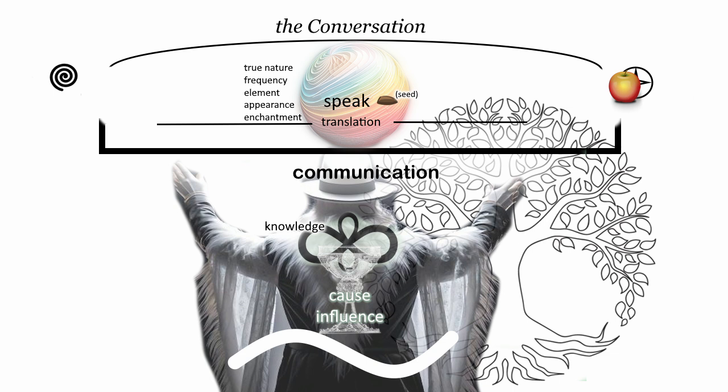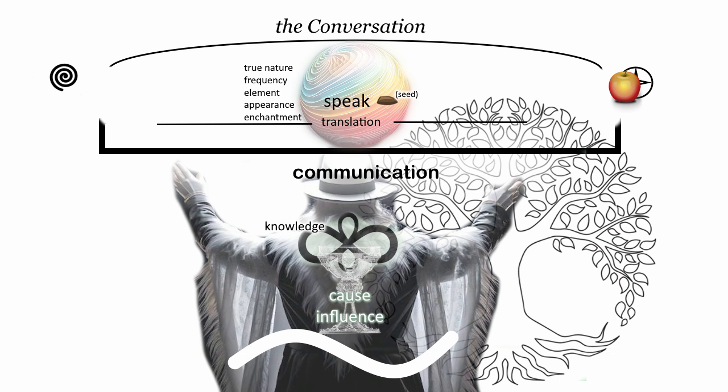And bringing in the idea of stage again, or realm. Our stage is these intangible yet creative, fertile fields. The magician may communicate to or within the field of true nature, to or within the field of frequency.